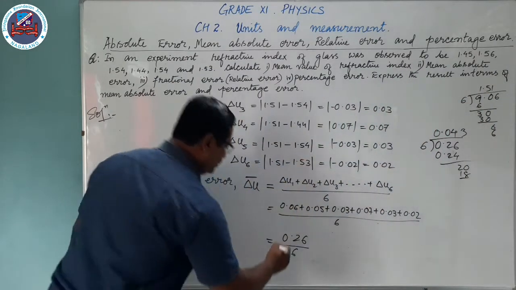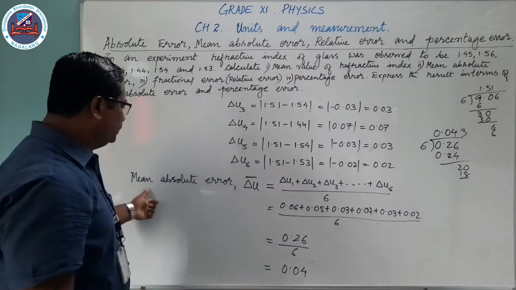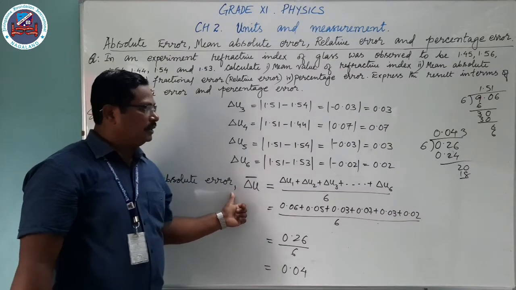You can take 2 digits after the decimal, 0.04. This will be your mean absolute error.